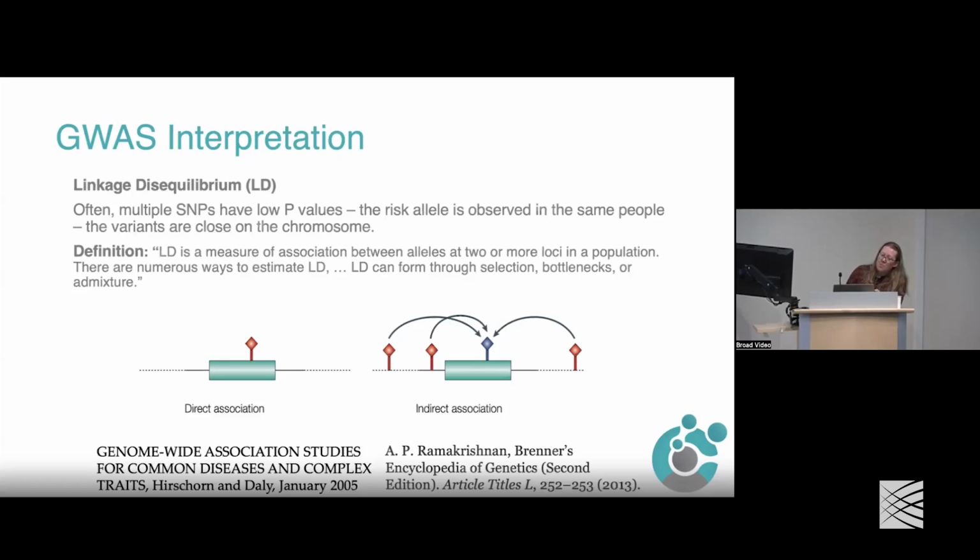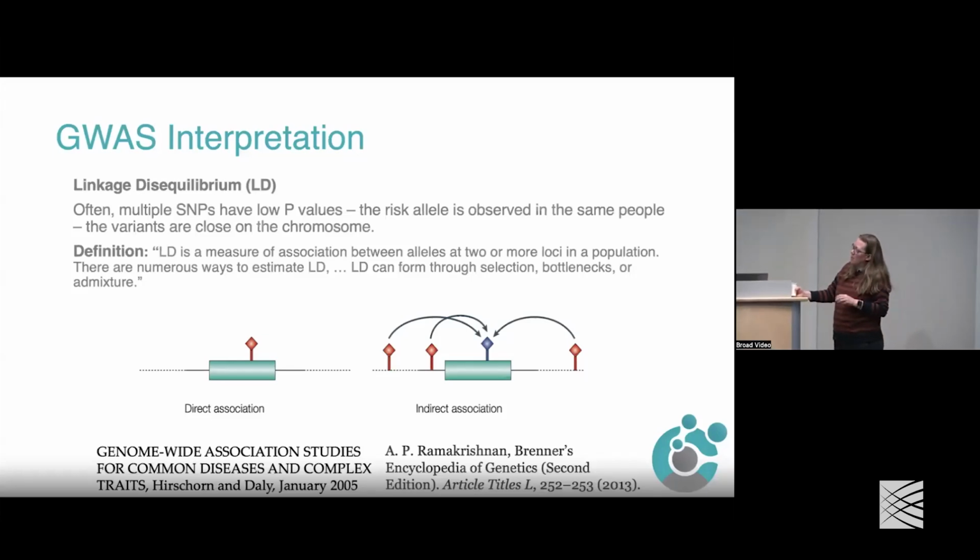And the reason it worked is because of linkage disequilibrium, which is the correlation between observed alleles that are present due to the changes of allele frequencies in human populations.